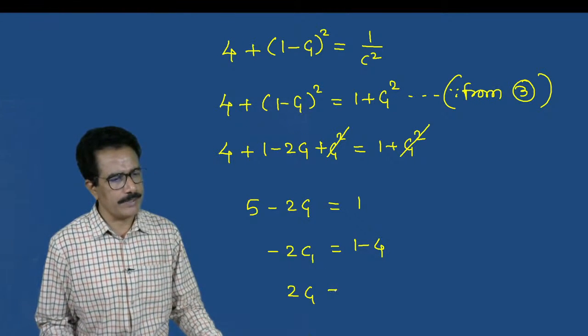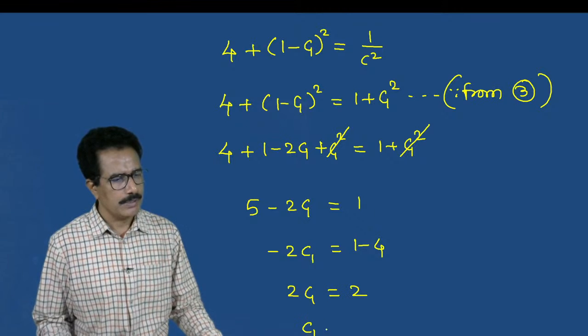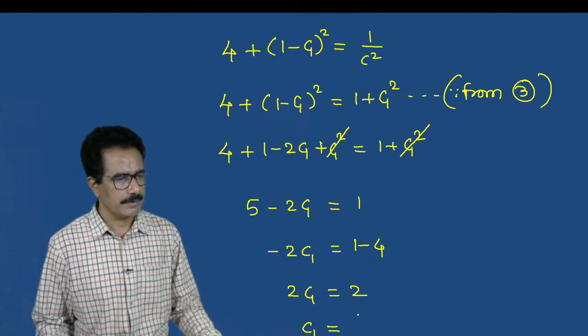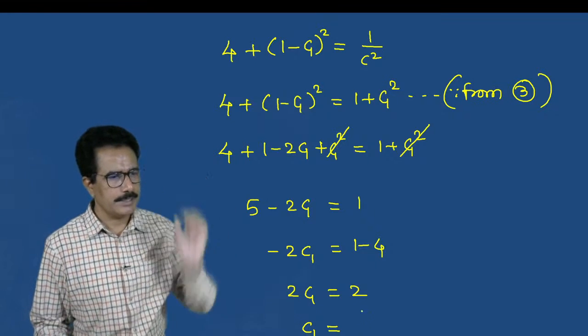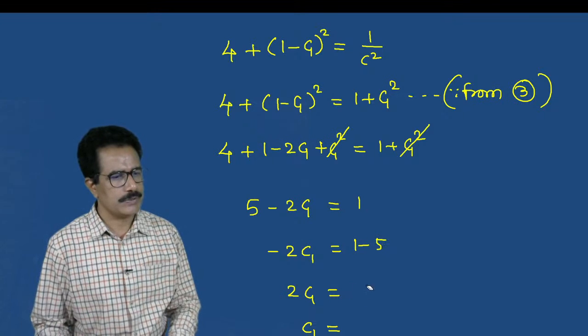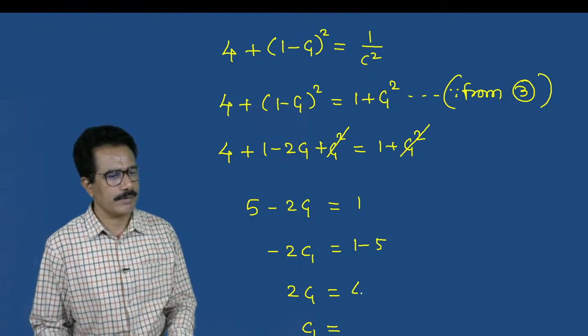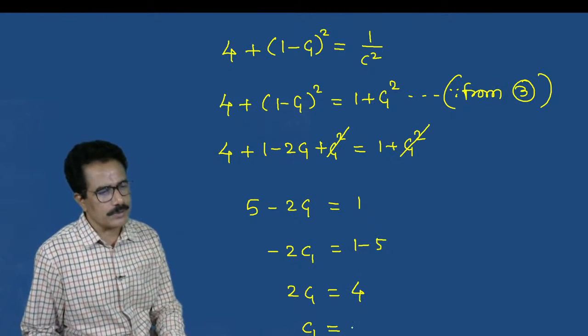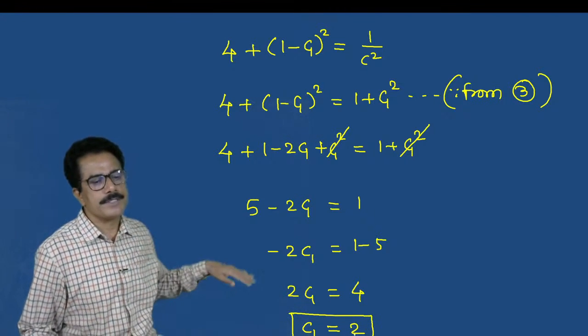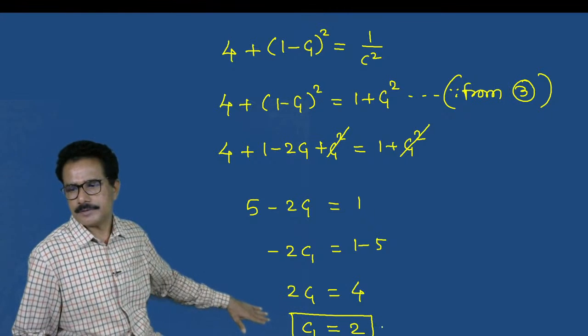So 2c1 is equals to 2. c1 is equals to... it will be minus 4, so 4c1 is equals to 2. The value of c1 is 2.